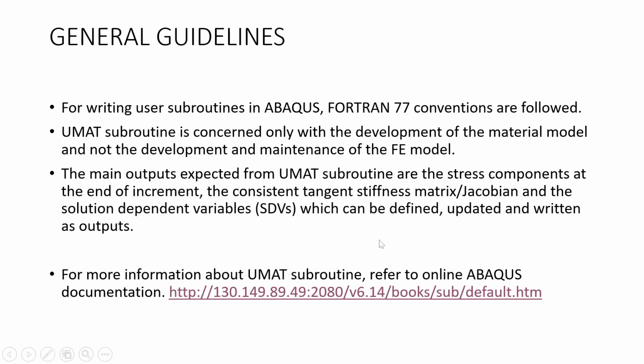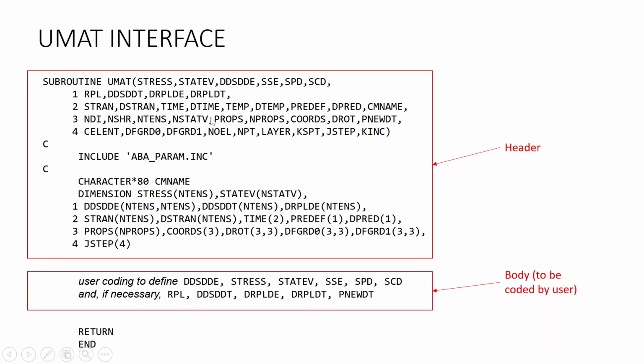Next, coming to the UMAT interface. This is how every UMAT code will look. You can see that there is a header which is provided, and there is a body, and then we end the subroutine. This header will be common for every UMAT subroutine that we are going to write. In this case, as I told, we are going to write a 3D linear elastic isotropic material behavior.